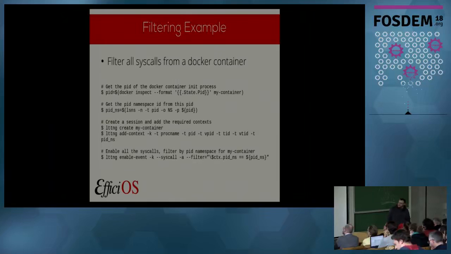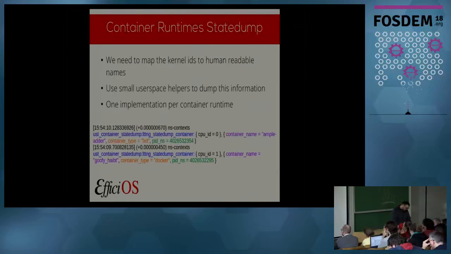With docker inspect, we can get the PID of the init process, and then with lsns, we can get the inode number of the namespace. Using this information, we can create an LTTng session that will filter on it, and the resulting trace will only contain syscalls that come from processes in this container. So we're starting to get somewhere.